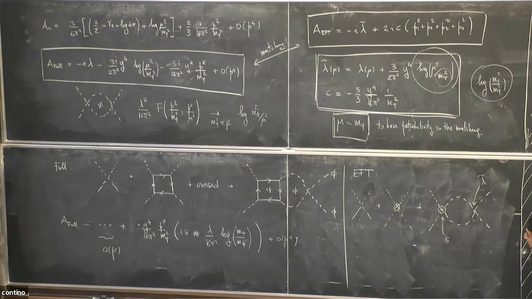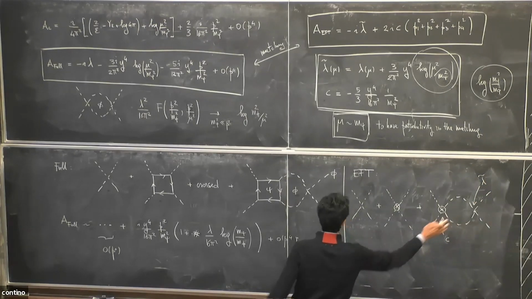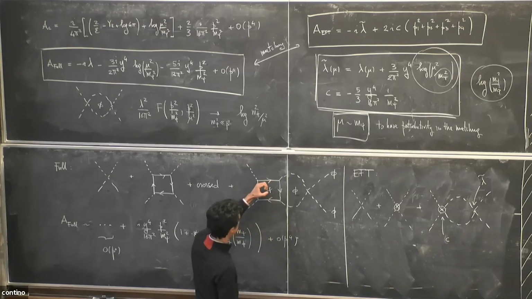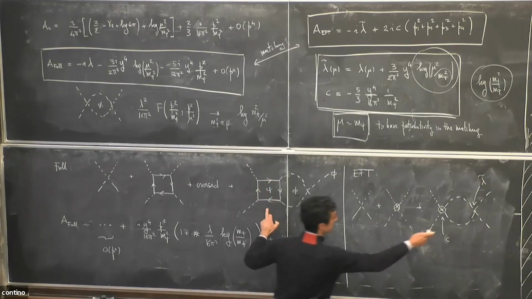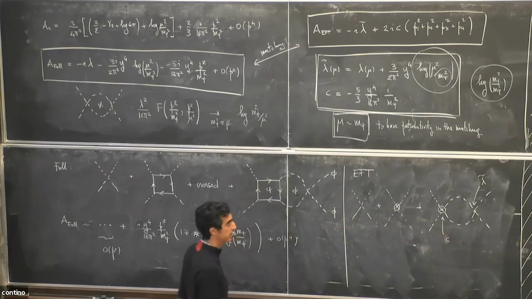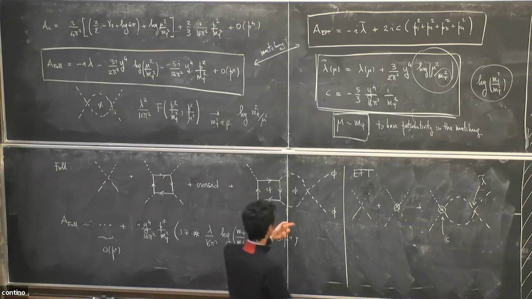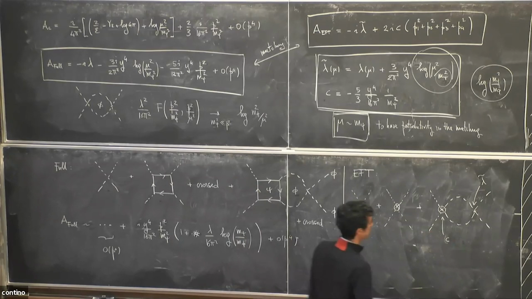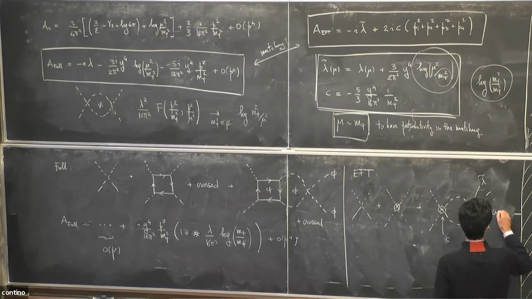You see why this captures this, because if you shrink this loop into a point, that's exactly looking like this diagram here. Plus, of course, the cross diagrams.